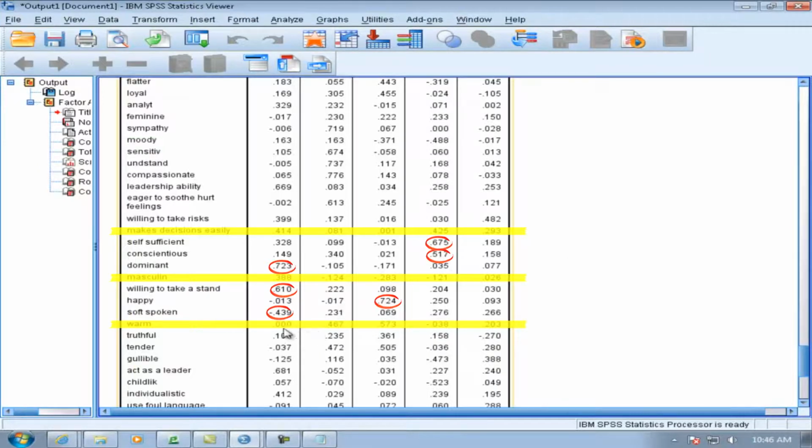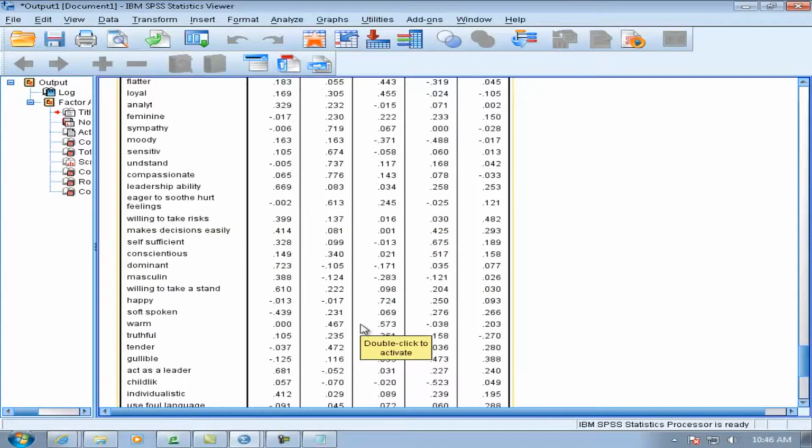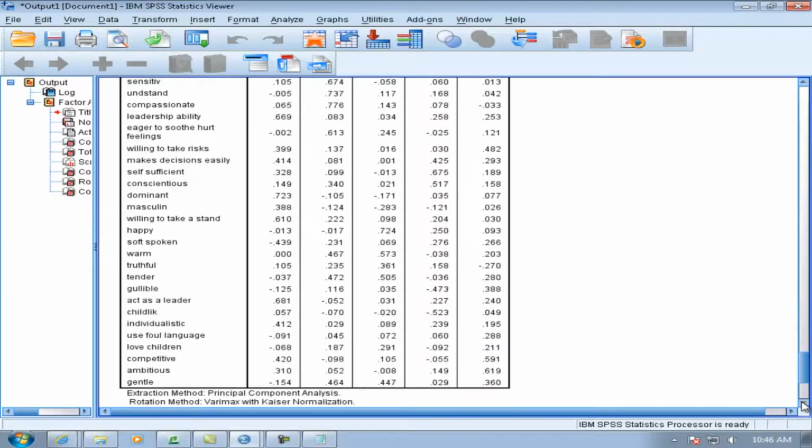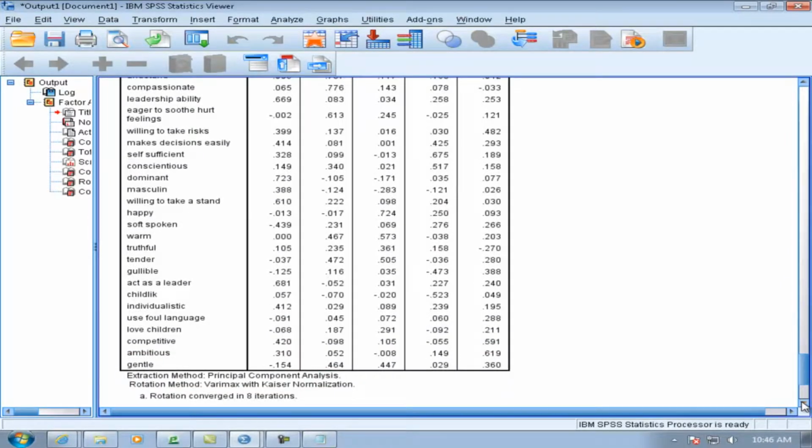Ooh, it's got to go. Cross it out. It's too ambiguous. It's cross-loading. Truthful, what? Got to cross it out, right? Doesn't load on anything. Isn't that interesting?